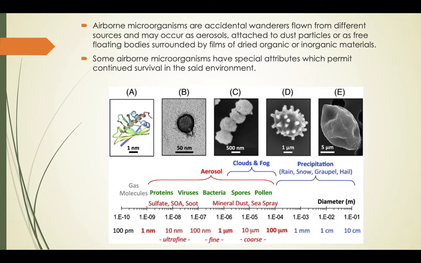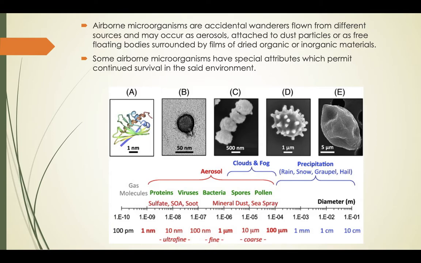This is the case for protozoan parasites that undergo encystment in the soil, right? They may attach to dust or soil particles, and they can be carried by air, or they can float freely in the air.